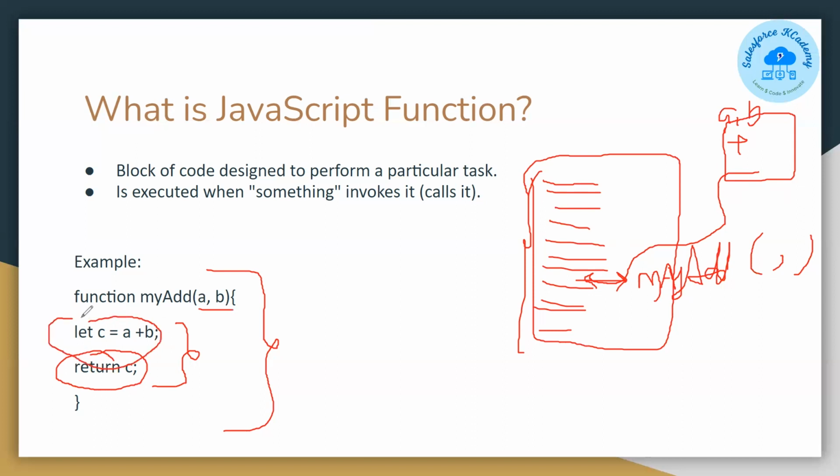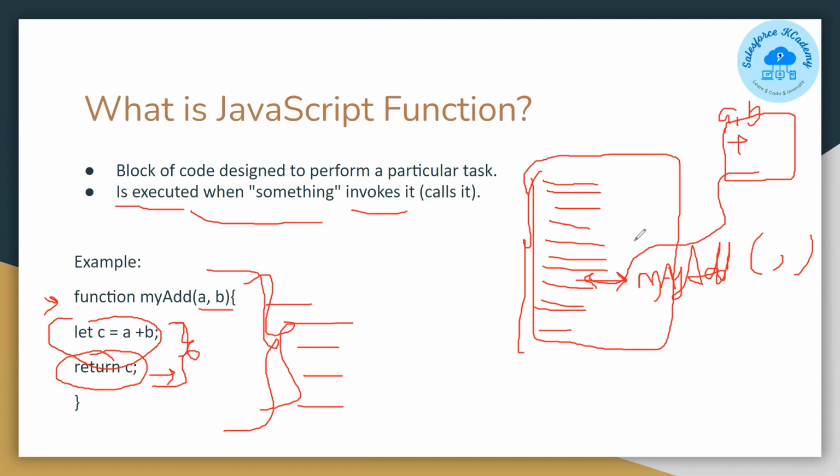We'll see practically how it functions. Basically you have to understand it's nothing but a block of code, not a single line of code. It's a block of code which performs a certain task and returns the value, and it is executed whenever something calls or invokes it.